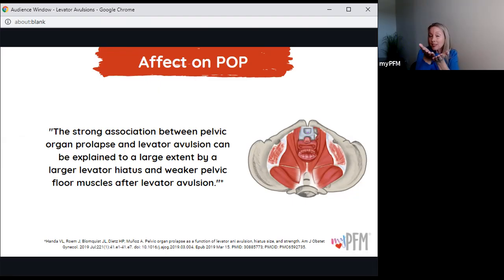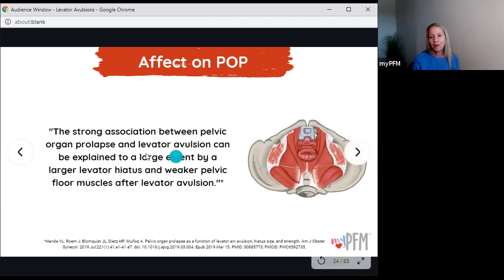And so if there's less support, so that muscle has been torn, think about that analogy of a hammock or the trampoline. So if you have something sitting on top of that trampoline and those trampoline springs have been torn, that's going to impact how well the trampoline is supporting from below, right?